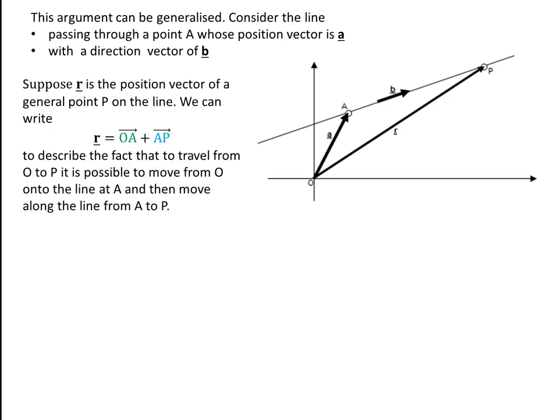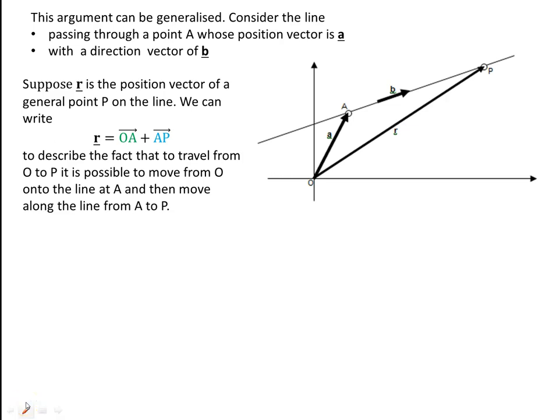Then, if r is the position vector of a general point P on the line, we can again write that r, which is the movement from O to P, can be achieved by first of all moving from O to A, and then moving from A to P.